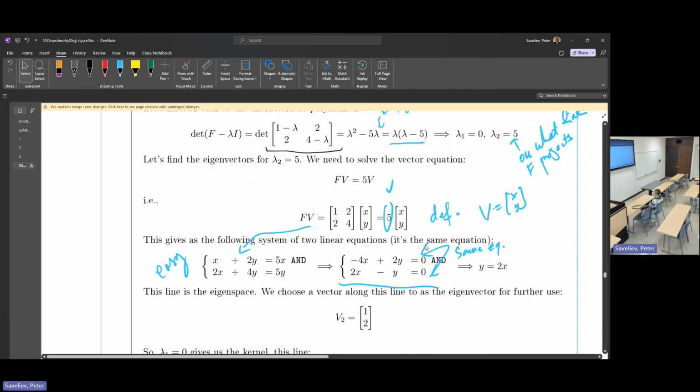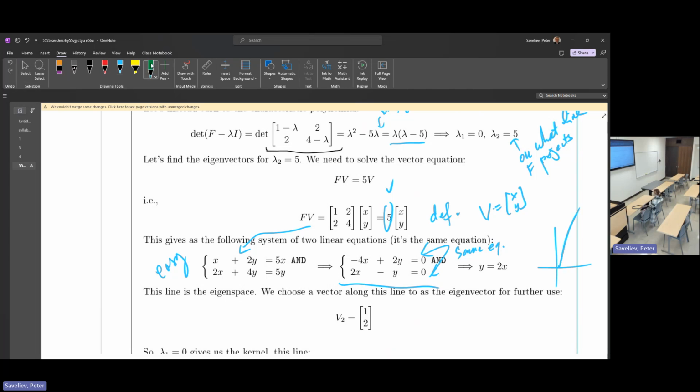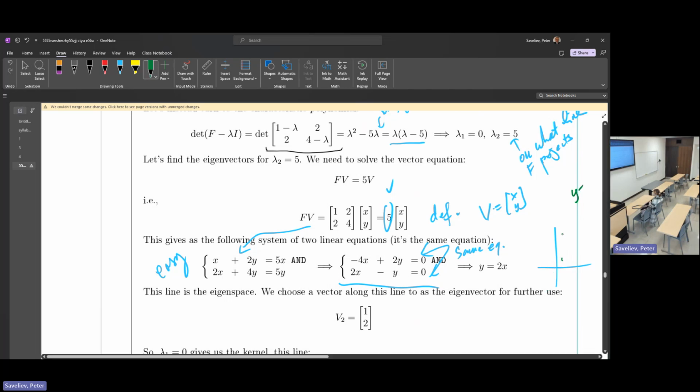So the vector 1, 2 goes along this line, so that is the line on which everything is projected. Y equal to 2x. Oops. Y equal to 2x. Okay, and then you can guess.